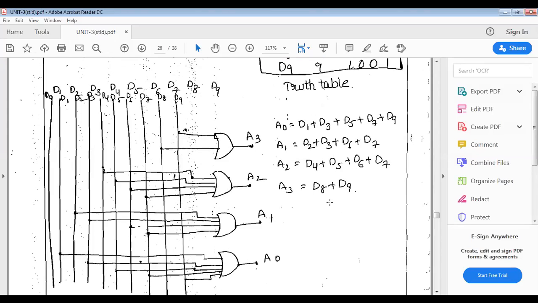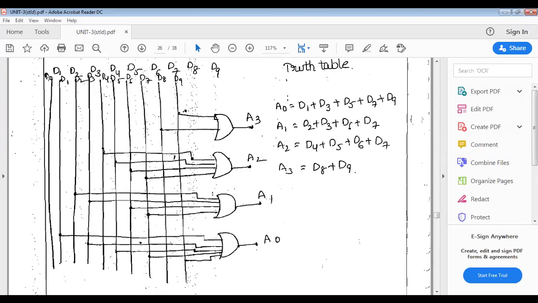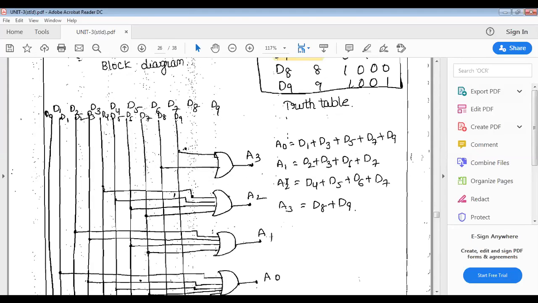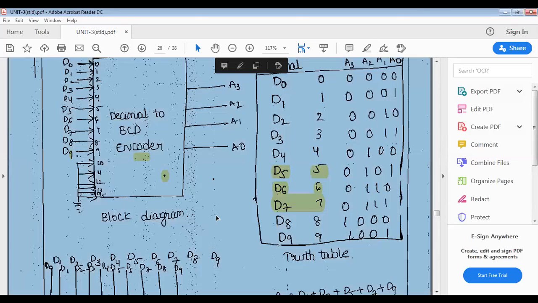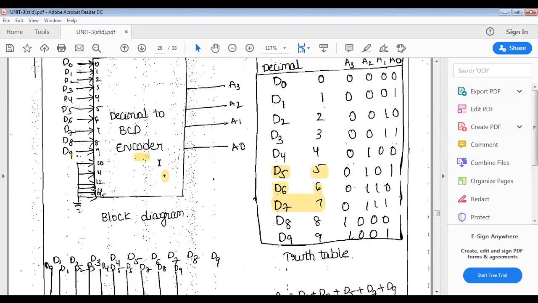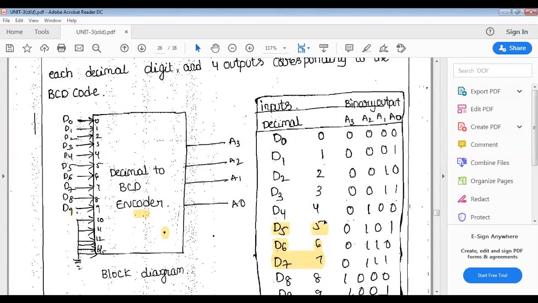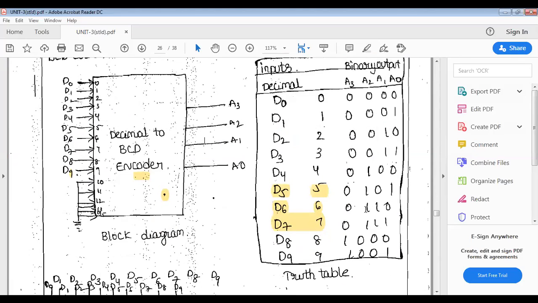Okay. So for the logical diagram, I take only D0, D1, D2, D3, D4, and so on up to D9. For A0, you can see where it is high: D1, D3, D5, D7 and D9.